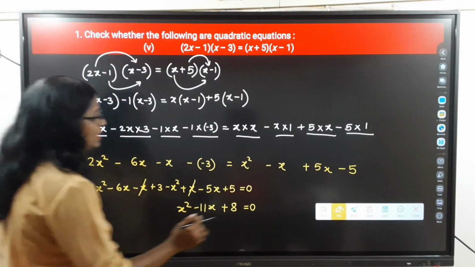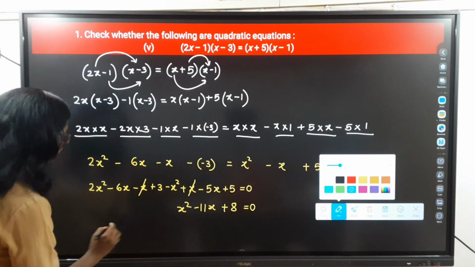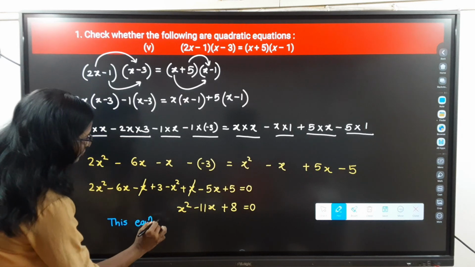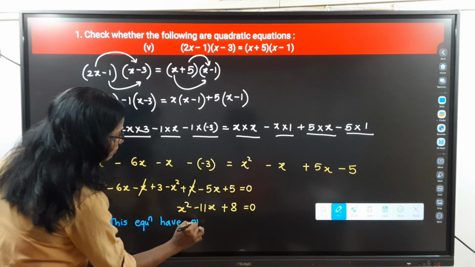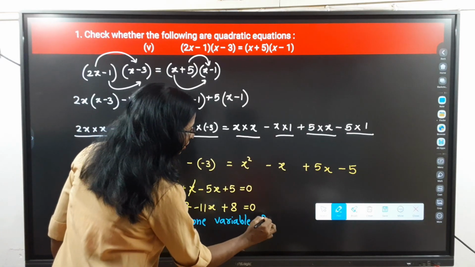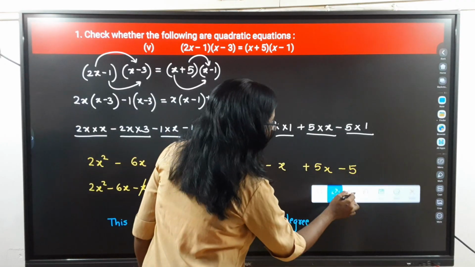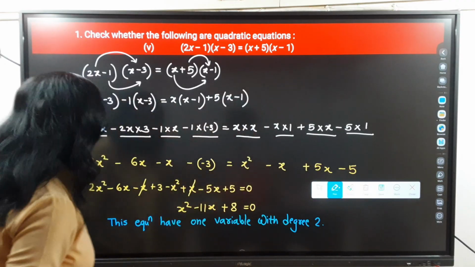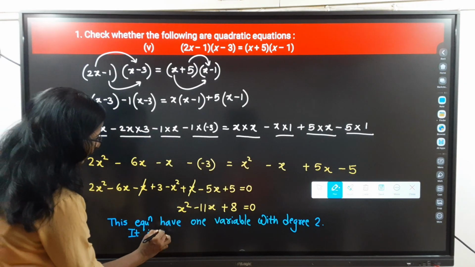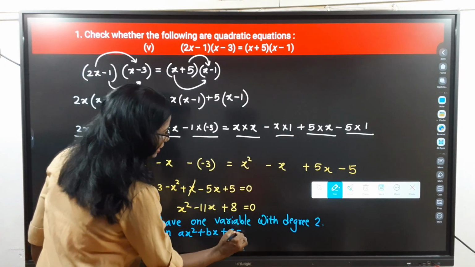So here finally we say that this equation has one variable with degree 2 here, then it is in ax square plus bx plus c is equal to 0 form.